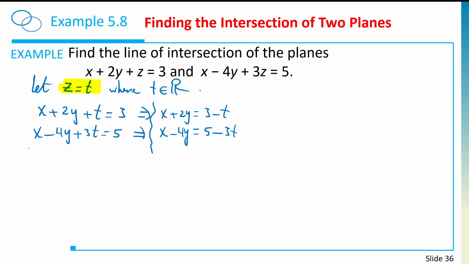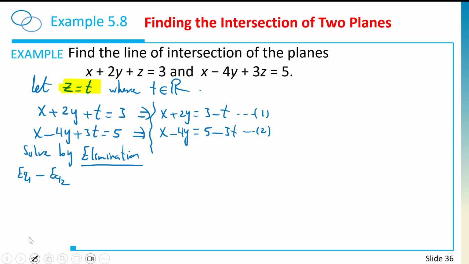Now I have this system. If I solve this system by, let's say, the elimination method, how do I solve by elimination? I need to cancel either x or y. So let's say this is equation number 1, and this is equation number 2. I can subtract equation number 1 minus equation number 2. So what do I get if I subtract these 2 equations?